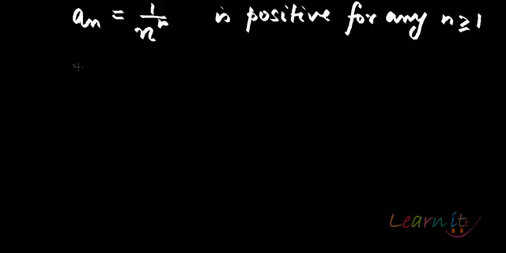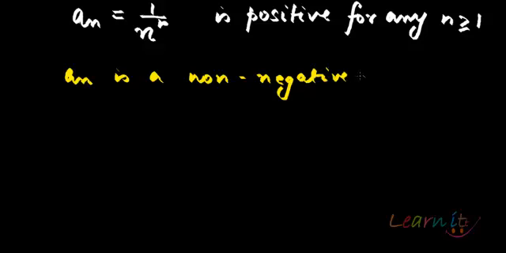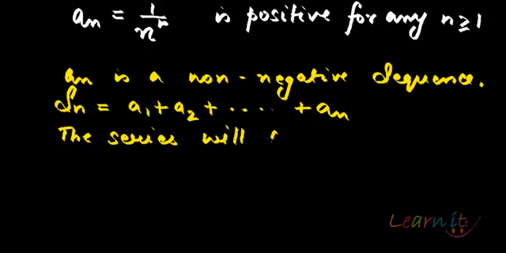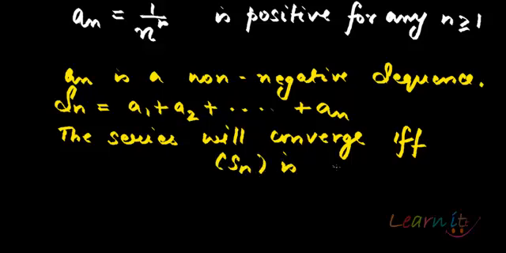So what we have learned, let me just write it for you. If an is a non-negative sequence, and if you have a series in which your Sn essentially is a1 plus a2, so on and so forth till an, then the series will converge if and only if Sn is bounded.